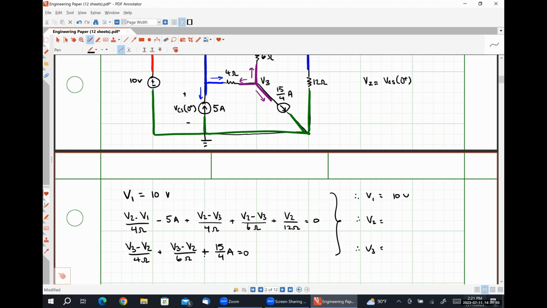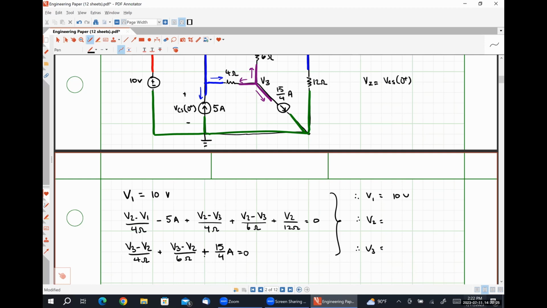My coefficient for V2 is +1/4 plus another 1/4 plus 1/6 plus 1/12. My coefficient for V3 is -1/6. And my constant term will be +5 when the 5 amps gets moved to the right-hand side of the equal sign. In my third equation, my coefficient for V1 is 0.